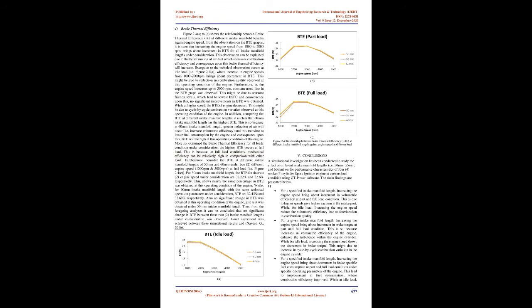While for 60 mm intake manifold length with the same operating parameters under consideration, BSFC are 255.32 g/kWh and 238.89 g/kWh respectively. This shows nearly 6% decrement in BSFC. It is technically obvious from the above analysis that nearly the same percentage decrement was observed in BSFC for the two intake manifold lengths under consideration. The results obtained here align with what was obtained by Maud F. et al., 2014.